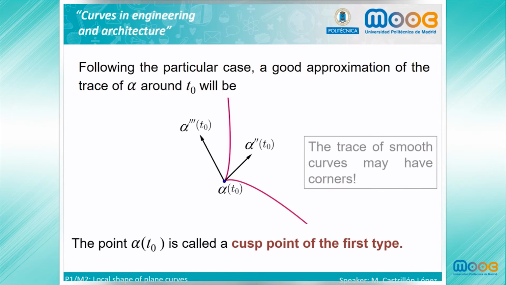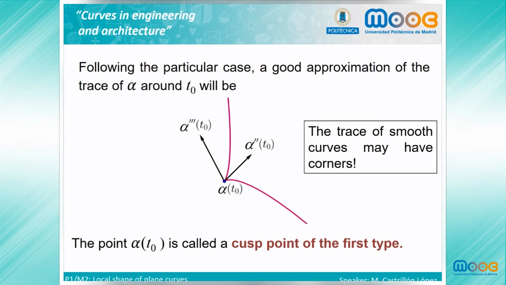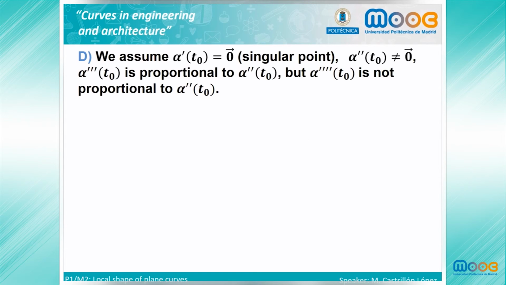And we have now a good remark. The trace of a smooth curve may have corners, something that perhaps we are not very used to. In the last case we studied, we still assume that the first derivative vanishes, that is, we have a singular point. The second derivative doesn't vanish, but the third derivative is proportional to the second derivative, even 0.